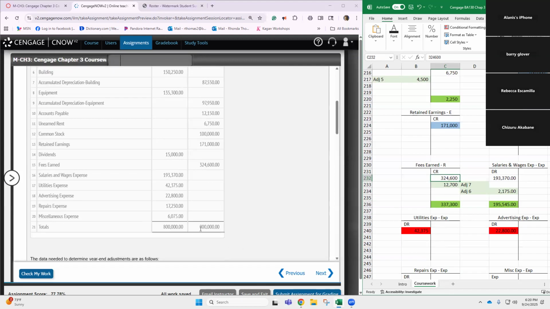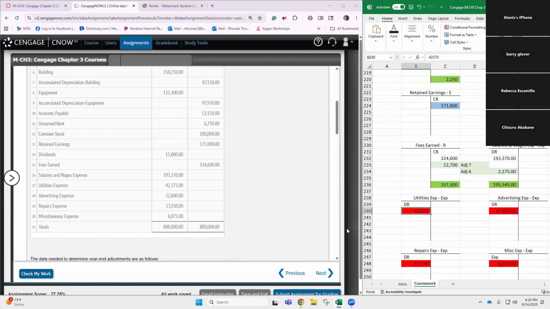Now we're about to go into expenses. Usually your expenses have the most number of accounts. I've got a salaries and wages expense of 193,370, which matches what we have here. Then we have a utilities expense of 42,375.